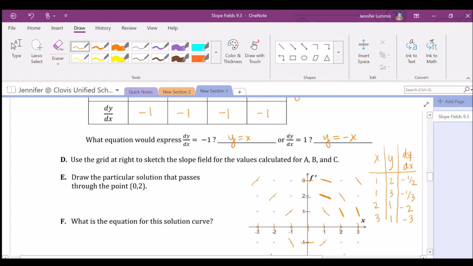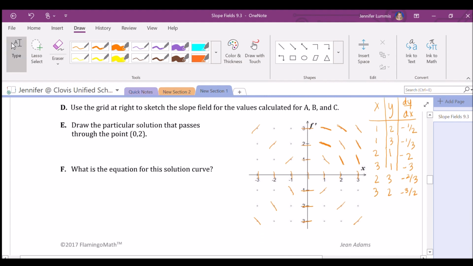So we'll do 2, 3 is -2/3. And then 3, 2 will be -3 divided by 2. All right, so go ahead and finish filling in the rest of the slope field.